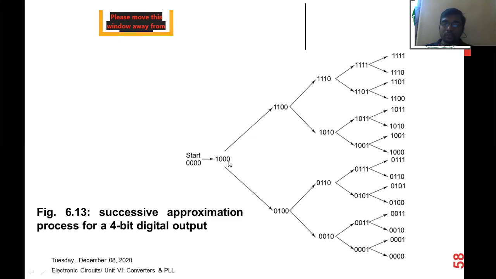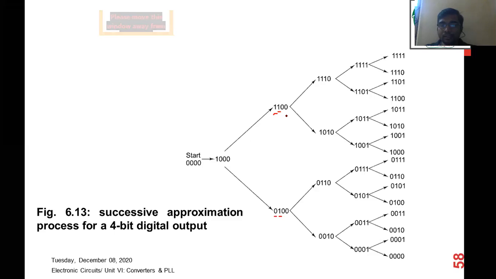Now there are two possibilities. If the analog input voltage is greater than this digital equivalent, the MSB is kept at 1 and the second MSB is also converted to 1. If the analog input voltage is less than the digital equivalent, the MSB is replaced by 0 and the second MSB is set to 1. This process is repeated.